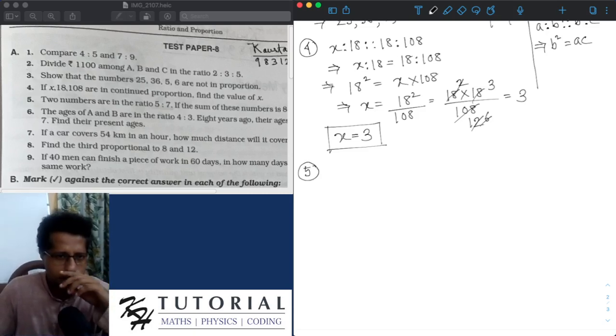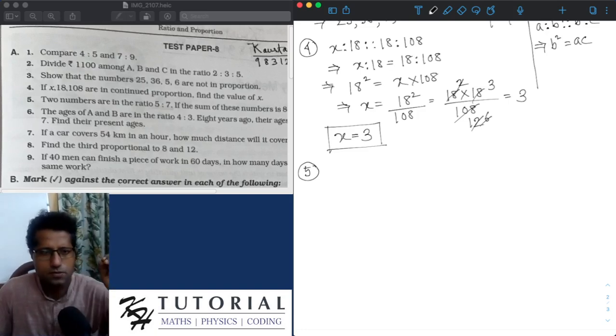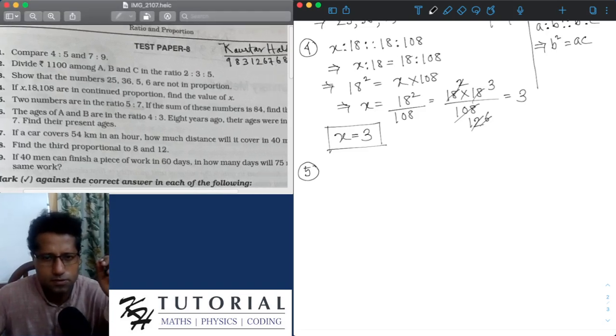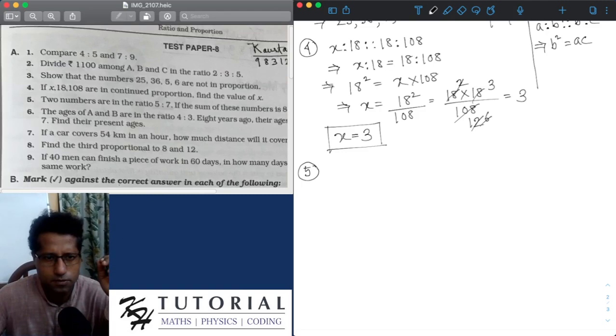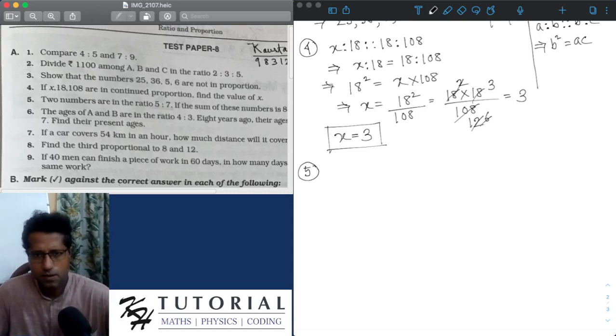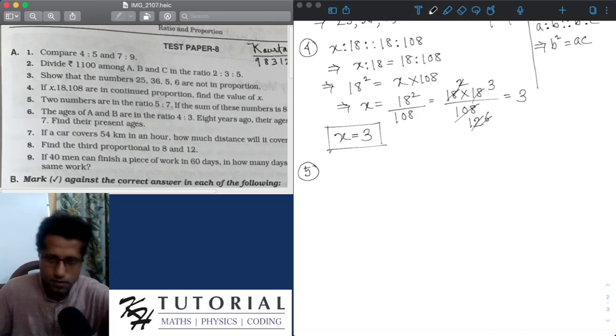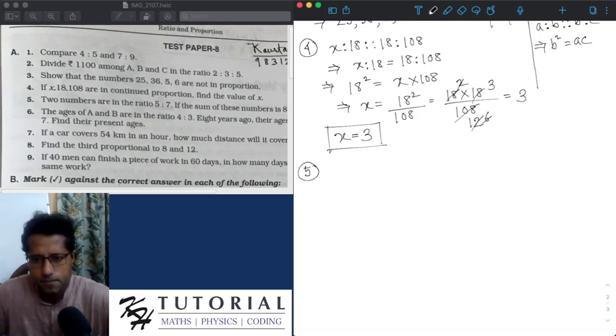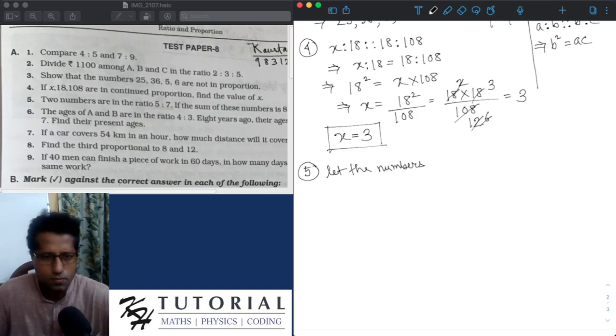Question number 5 says, if two numbers are in the ratio 5:7 and the sum of these numbers is 84, find the numbers. Usually the standard way is that if the ratio of two numbers is given and their sum is given, we use the terms of the ratio to assume the two numbers.